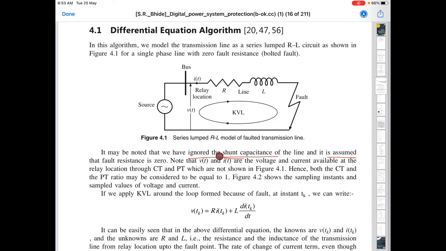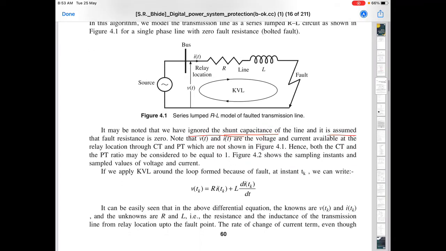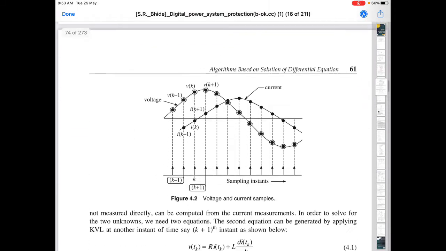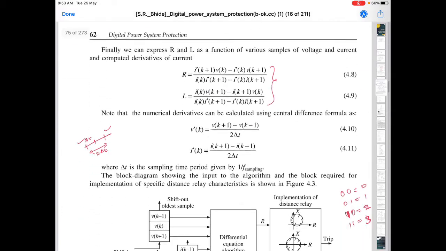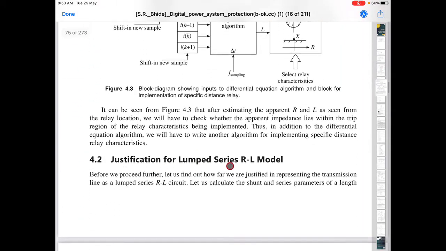That we have ignored here. Does it make any difference to ignore it, or doesn't it? We'll have to see through a problem. That is the objective of the numerical we are going to see now.